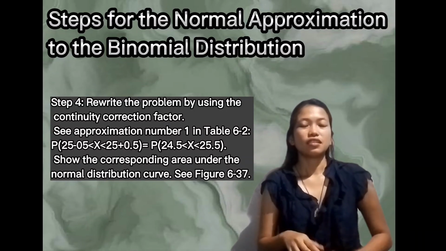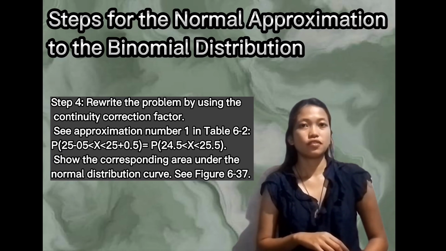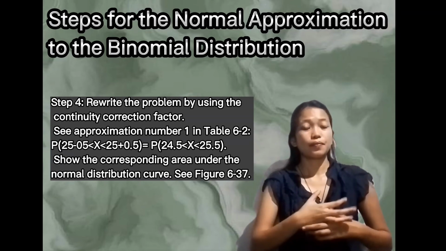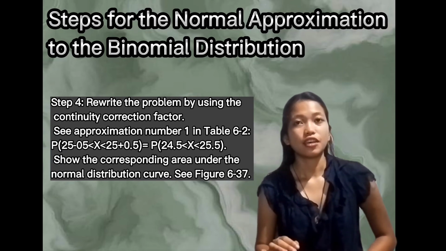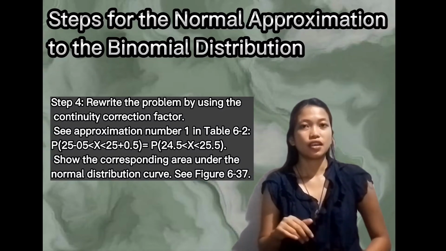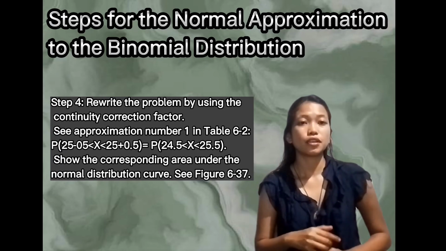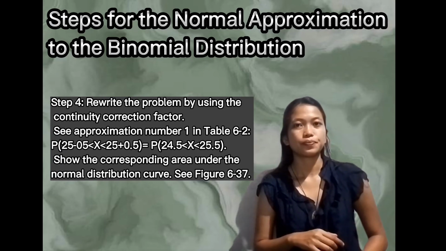Now, in step number 4, we should rewrite the problem by using the continuity correction factor. See the approximation in number 1, since P of x equals 25 fits in the approximation number 1 in the table of summary of the normal approximation.